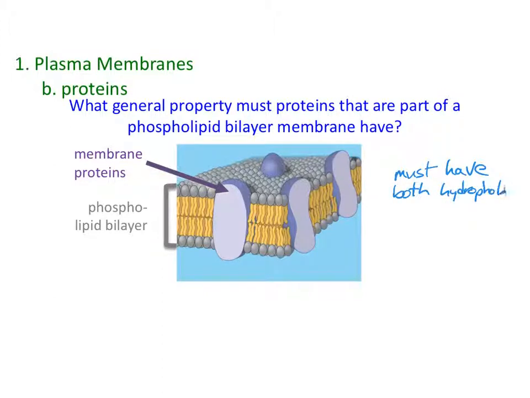This allows the protein to span the hydrophobic region, but then have components that stick out into the aqueous environment on either side that are hydrophilic. Because of this, the proteins would also be described as being amphipathic.